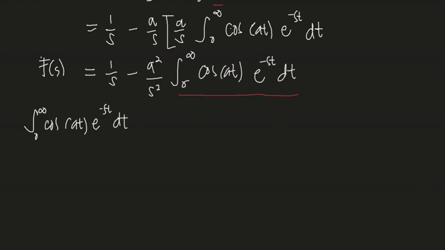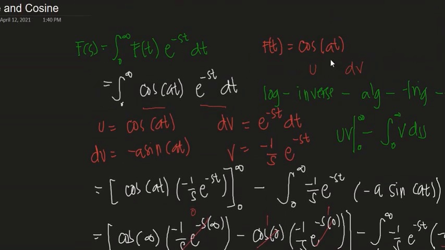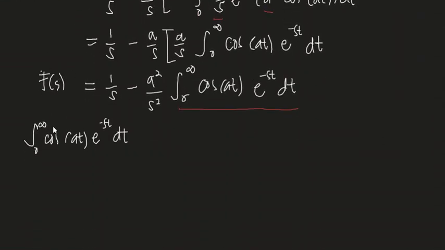So, balikan natin sa baba. So, this is equal to this one. So, we have sa original equation. So, we have s is equal to, we come up with this. S squared from 0 to infinity of cosine at e raised to negative st.